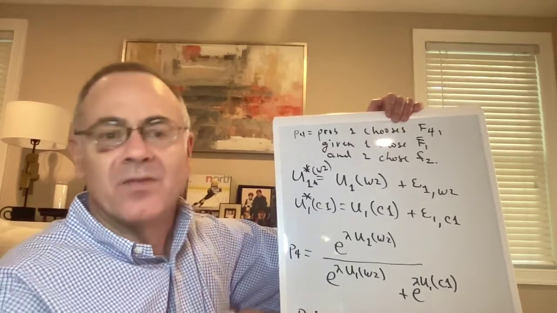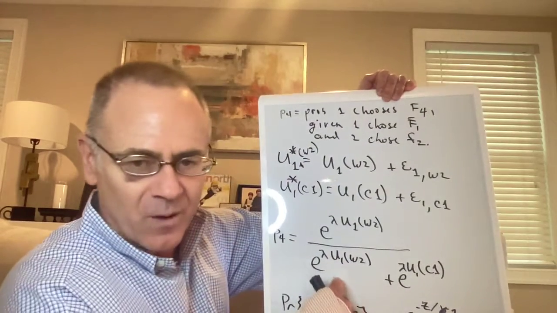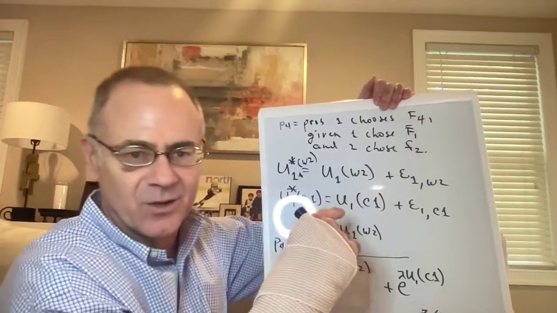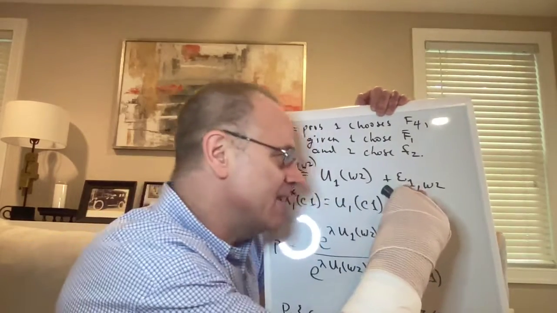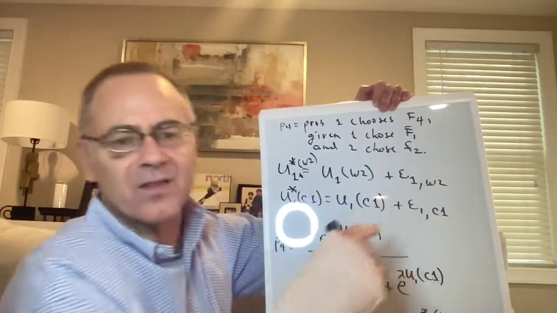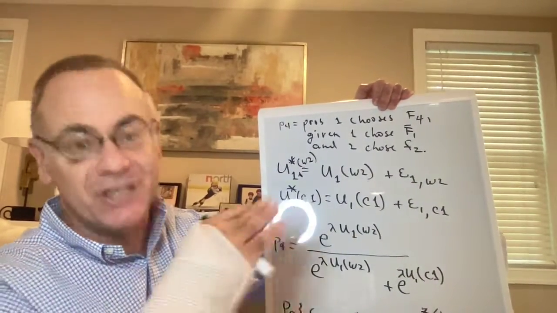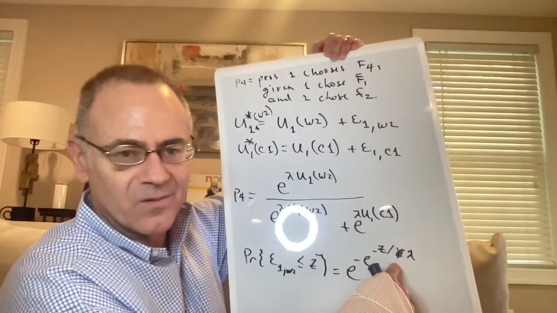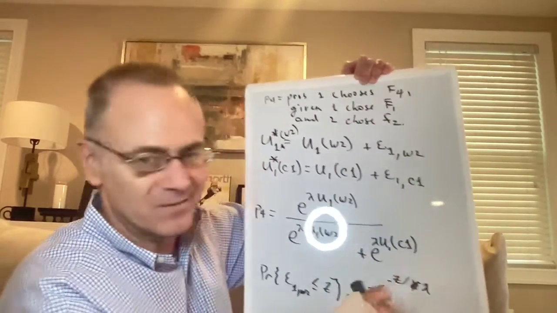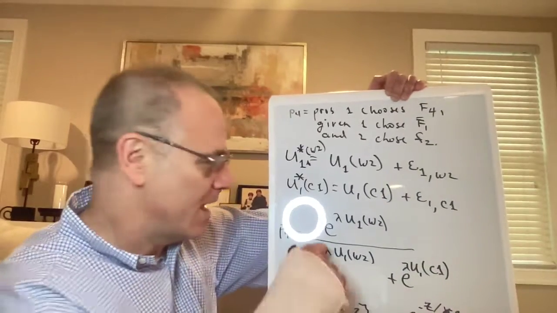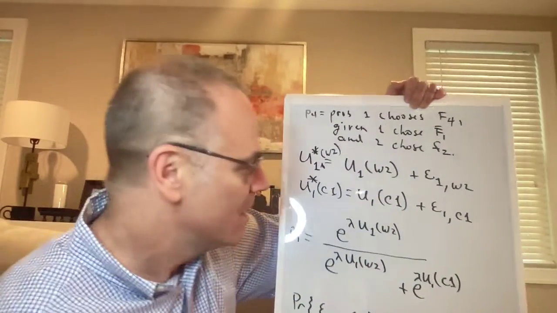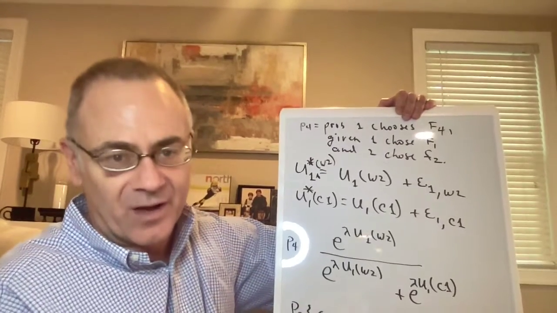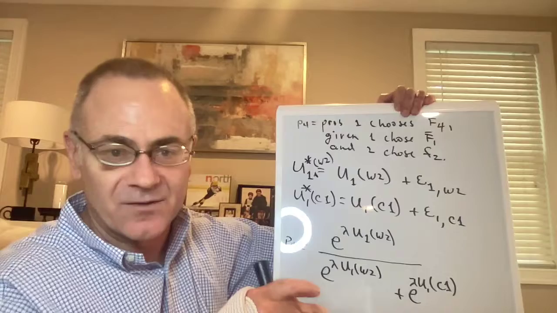The other way to get the exact same form is not to put the lambda on these scene utility terms, but instead to assume the error terms are general Weibull, where the CDF is this form, where you just divide by lambda. Either way gets you this form. And there are 2 ways to justify it.